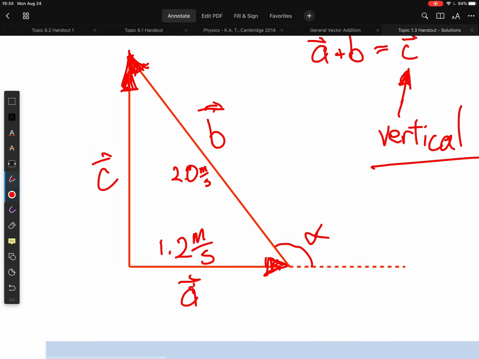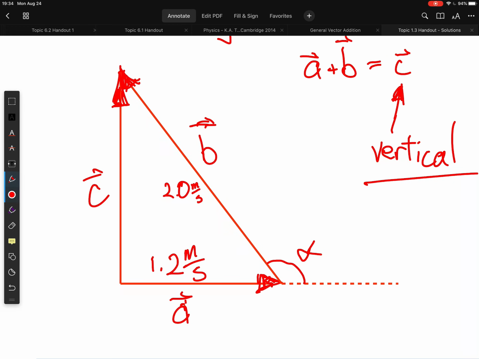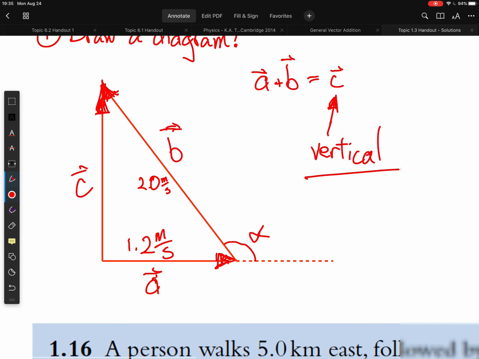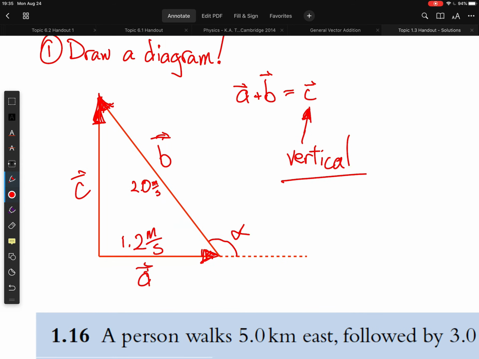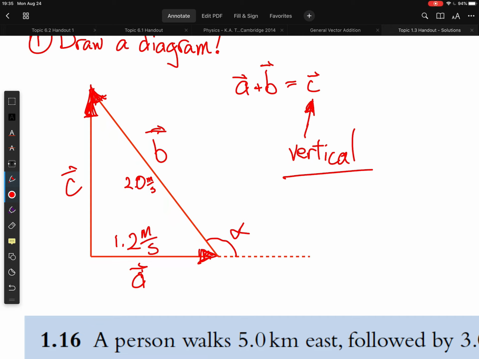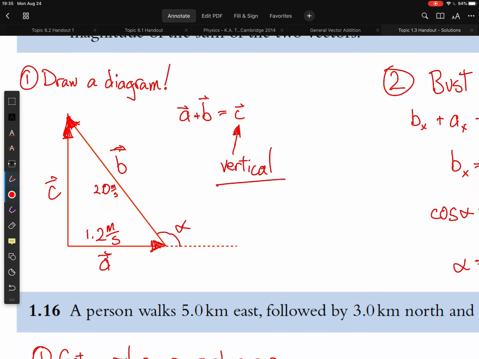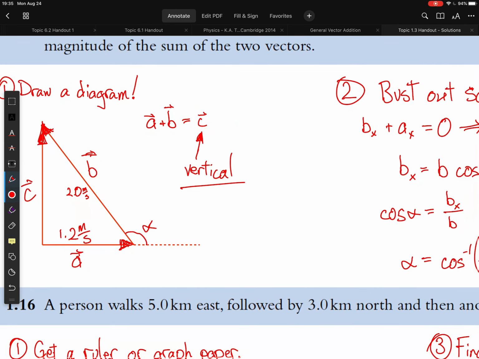So when I started setting this up, I start with vector A, it's horizontal, and I know that in order for vector C to be vertical, vector B is going to have to tilt backward, back toward vector A, and then the sum of the two will be equal to vector C, which here produces a nice right triangle. Okay, so hopefully this is all looking pretty good now.